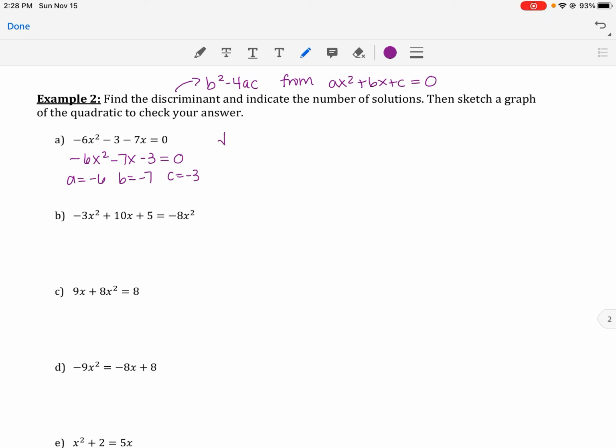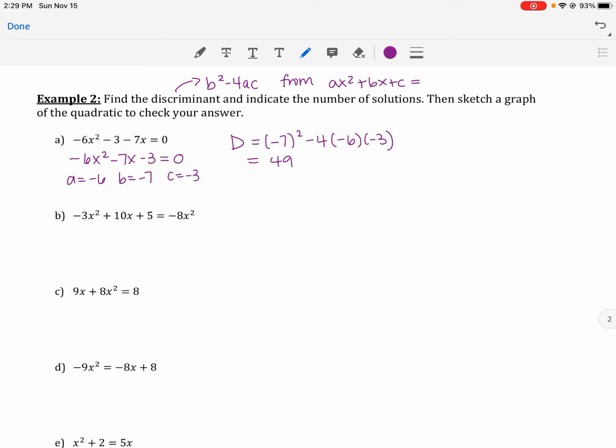Okay, so our discriminant, that's too long to write. I'm just going to say b squared minus 4ac. Actually, I'm going to use the letter d for discriminant. So the discriminant equals negative 7 squared, remember to put those parentheses around the negative, minus 4 times a times c. So here we get 49, and then we're going to multiply these together.